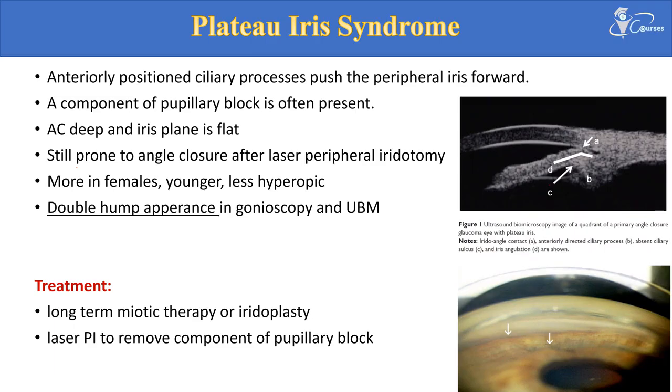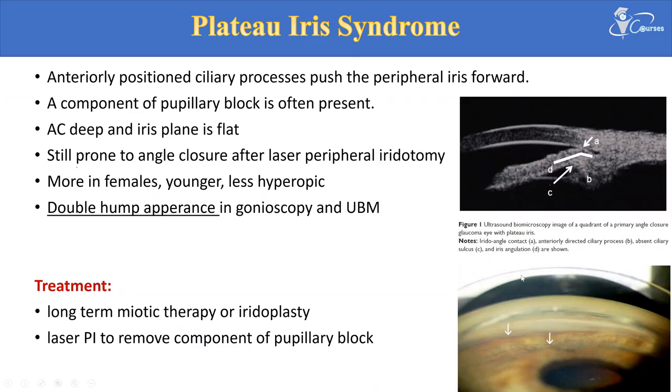So how can we say that it is plateau iris syndrome, not a primary angle closure? How can we differentiate? Surprisingly, those patients have a deep anterior chamber.